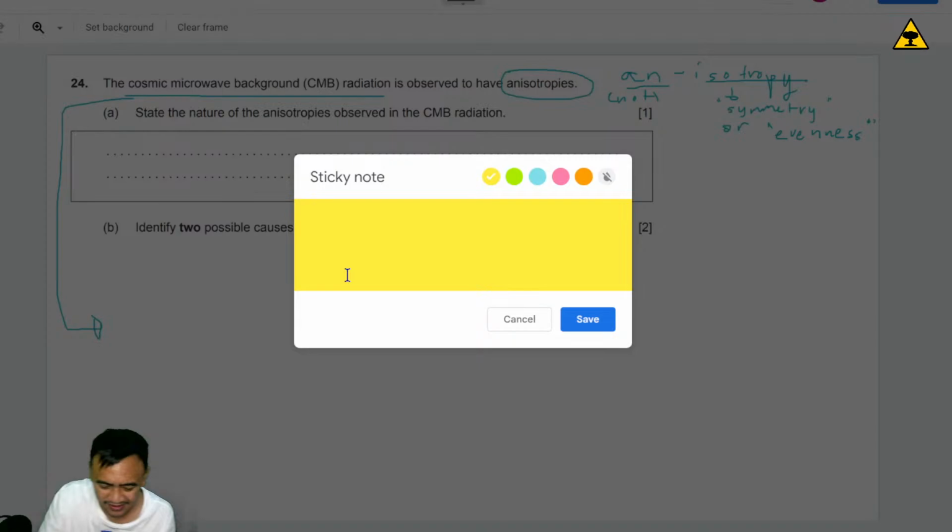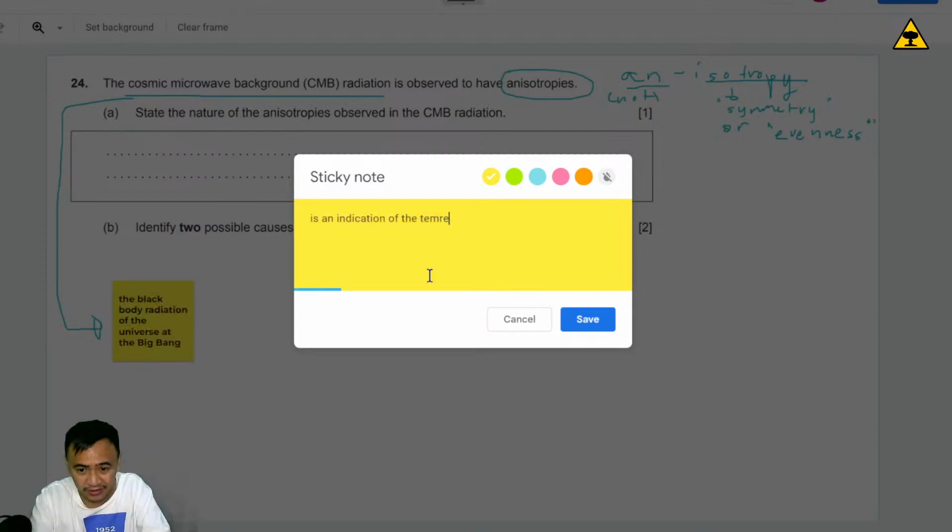In other words, another way of saying this now is, this means that this cosmic microwave background is a measure, or is an indication of the temperature of the universe during the Big Bang. Okay. So this should be enough of a clue for the moment to help you answer the question.